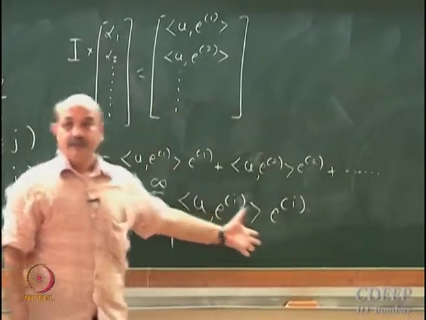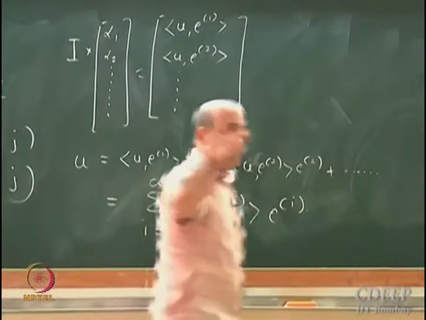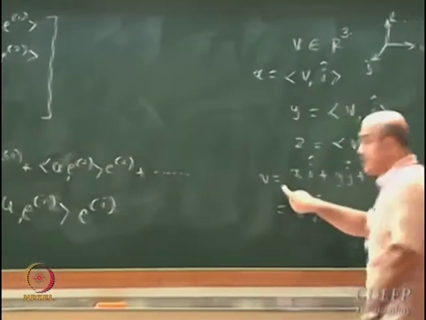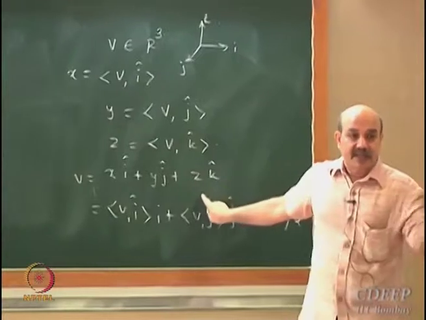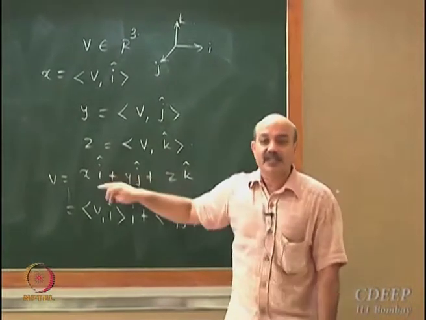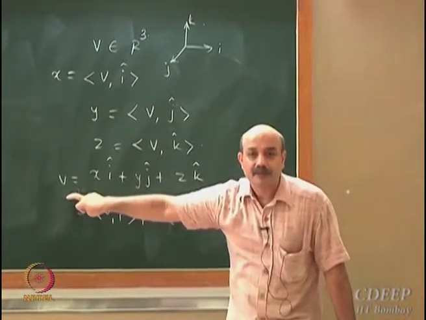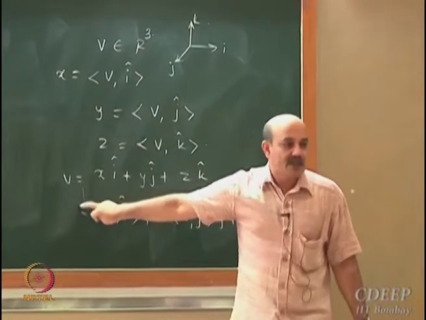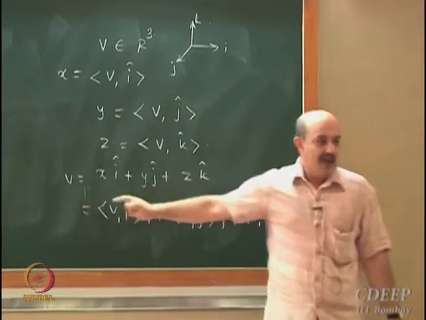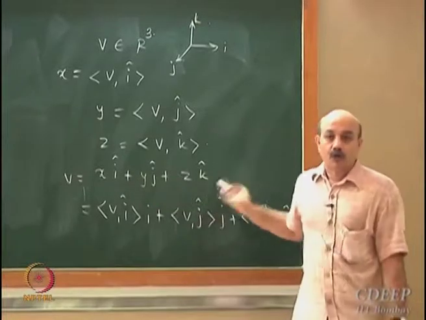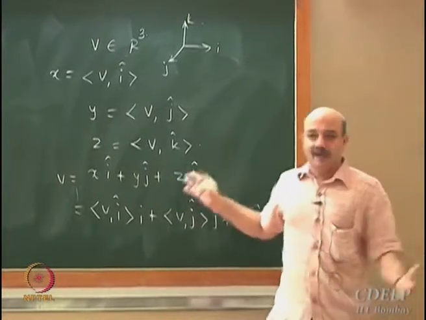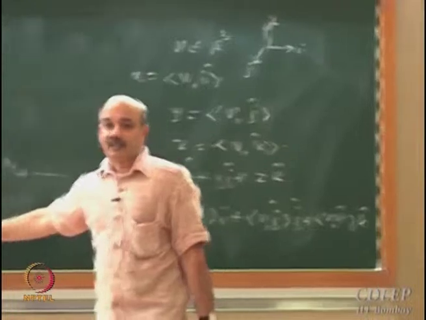Just remember this: when you are writing this, you are actually writing the Fourier expansion of v in terms of an orthonormal basis. That's what you are doing. I am just using the same idea in any other space.